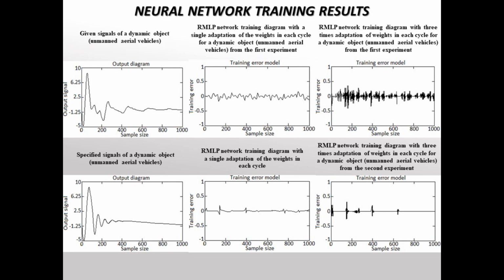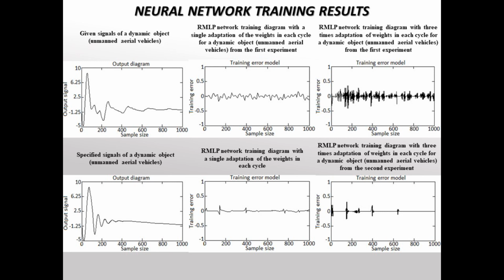RMLP network training diagram with 3 times adaptation of weight in each circle for a dynamic object, unmanned aerial vehicles, from the first experiment. Specific signal of a dynamic object, unmanned aerial vehicles.